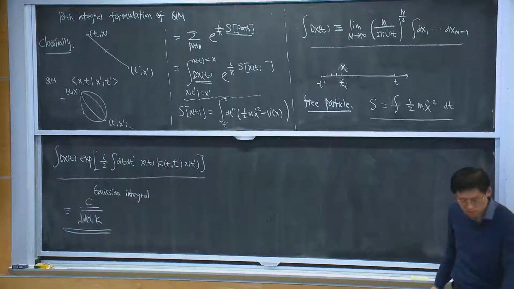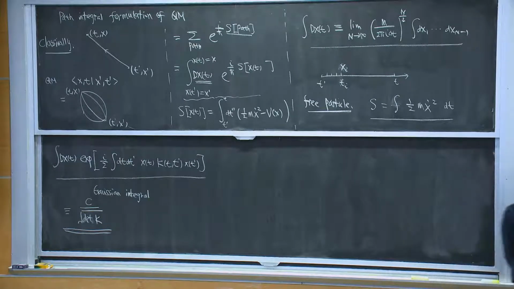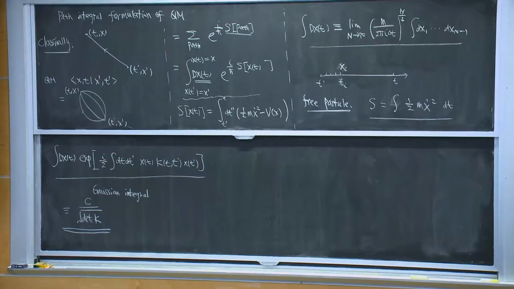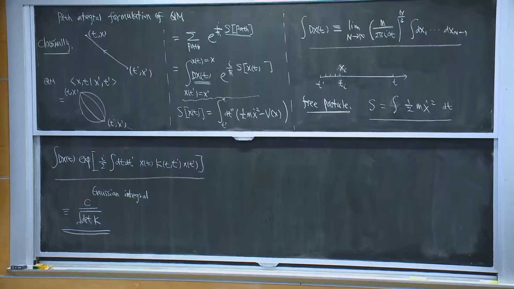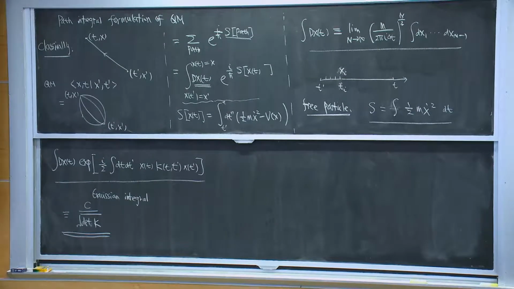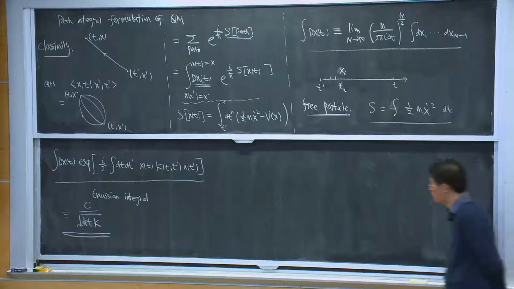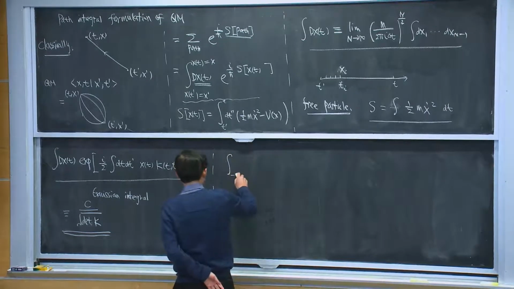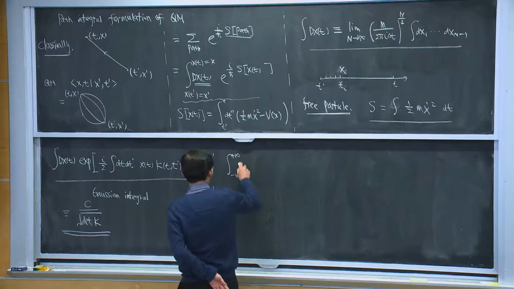Yes? When you evaluate that Gaussian integral, there's an i in front in the exponent. How does this converge? Yeah, this is the same as the standard Gaussian integral with the i. That integral you can also do. Right, but shouldn't this diverge? No. This integral we can define, right?